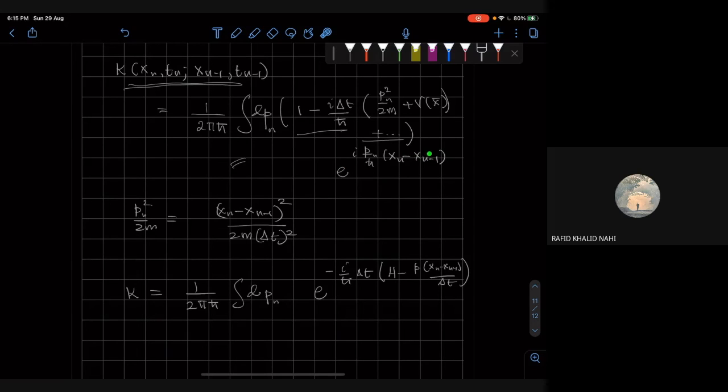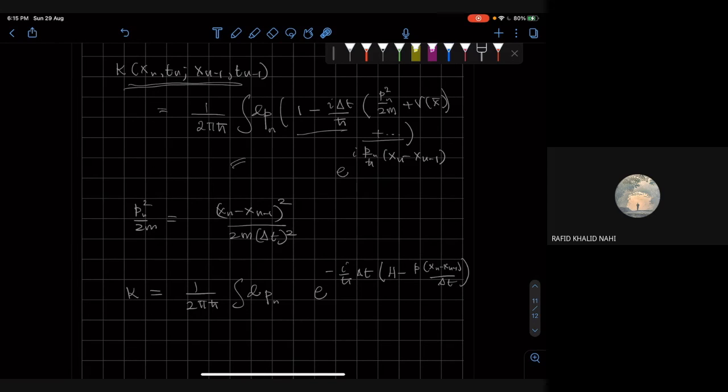So this guy, if I put it over here within the bracket, I have to divide it by delta t, because there was no delta t here, but there's a delta t outside. I'm putting it in a bracket, so I'm multiplying by delta t. So this becomes the Hamiltonian, and this is minus p, and this is the difference in the position divided by t. So what is this? This is the velocity. This is x dot, the discrete version of the velocity.